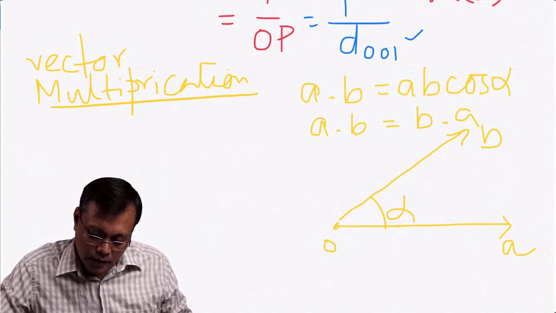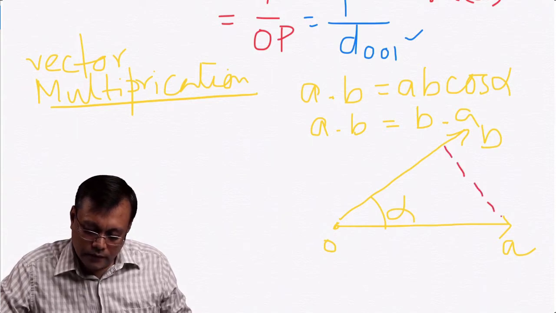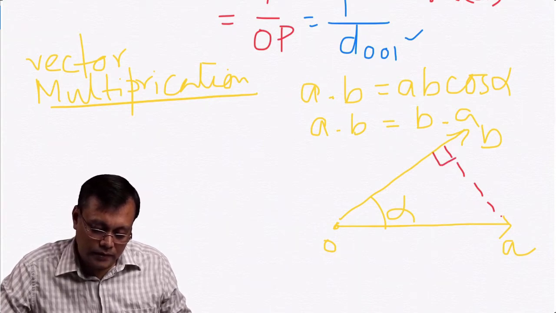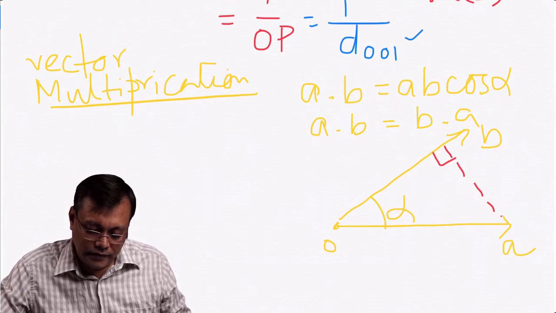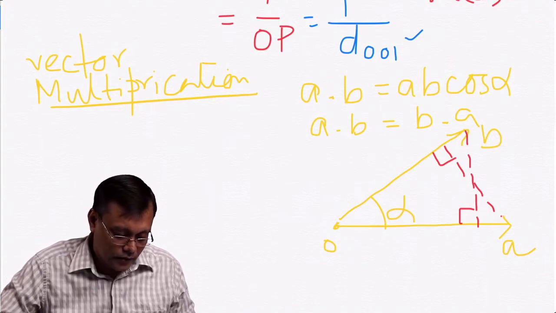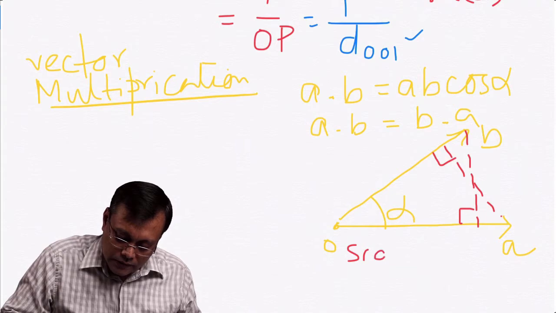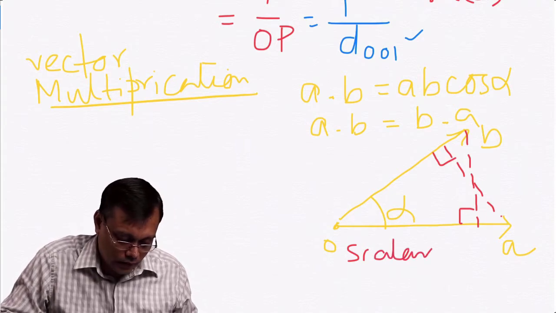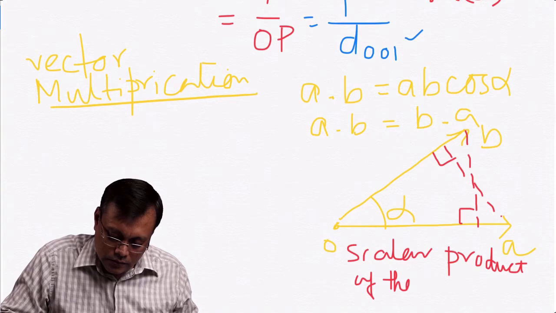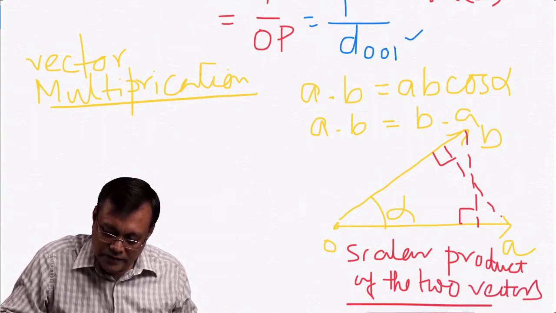If I draw a perpendicular line from the end of the A vector, and this is the 90 degree angle, or otherwise from B we can also draw a perpendicular line. So the scalar product of the two vectors is represented in this way.